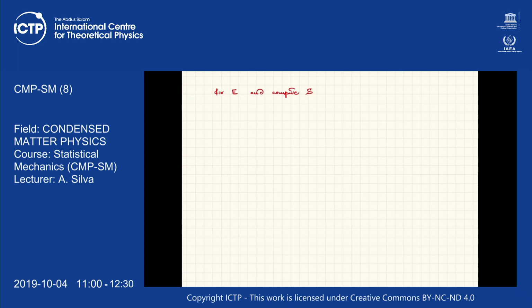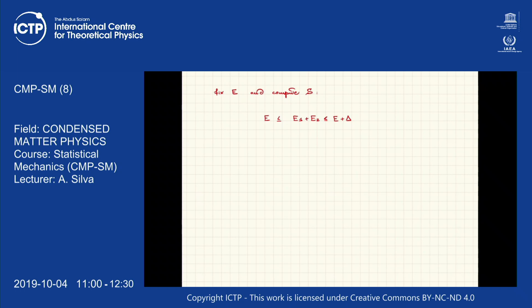Now, how do I do that? Well, when I fix the total energy, strictly speaking, what I'm saying is that E should be smaller or equal than E1 plus E2, then should be smaller or equal than E plus delta. Okay? Clear to everybody.